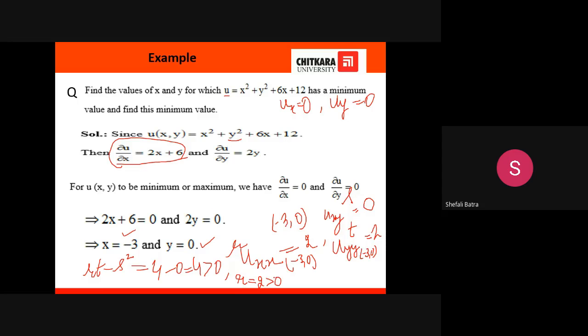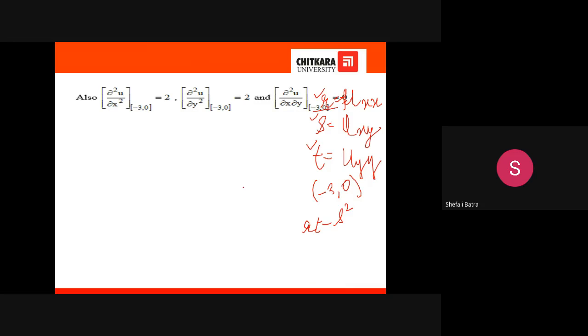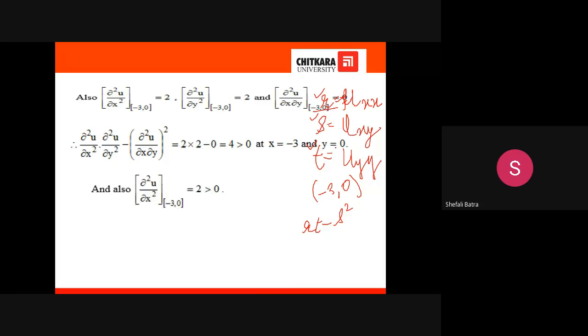If RT minus S square is greater than 0 and R is greater than 0, this implies the function has a minimum value at point minus 3 comma 0. You have checked RT minus S square is 4, greater than 0 at x equal to minus 3 and y equal to 0. R is greater than 0. So therefore the function is minimum at this point.